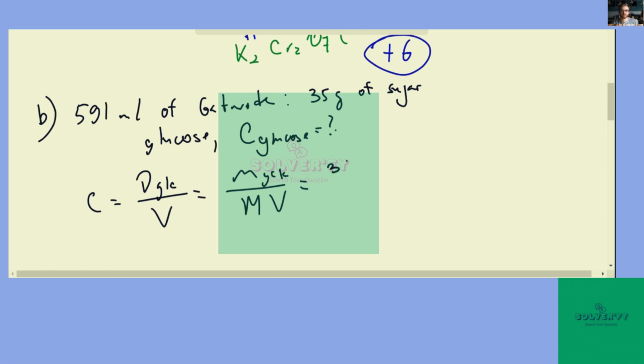So it equals 35 grams over 180 grams per mole times 0.591 liter. Now we can complete this calculation. It equals 0.329 molar of glucose. So that's the answer to this problem.